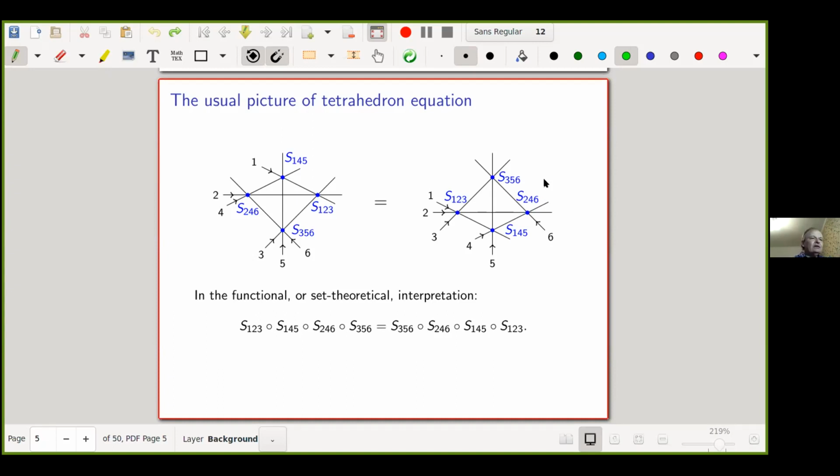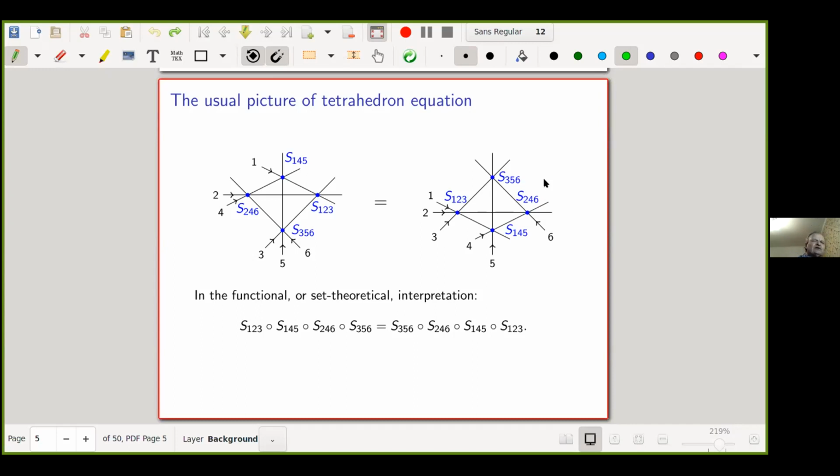Maybe the most popular is the quantum tetrahedron equation, but there are also other things, and I will be speaking about the set theoretical tetrahedron equation, which looks like here.